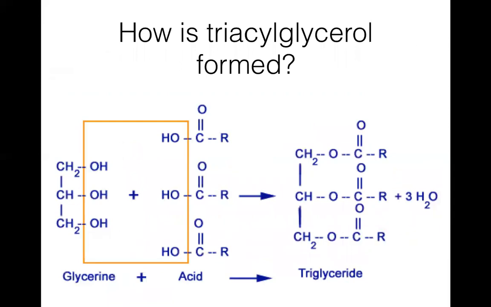And the process of bonding the fatty acid to glycerol is referred to as a dehydration reaction, where we remove the hydroxyl group here and the hydrogen here, liberated in the form of water to form an ester bond. Well, the process can be reversed, and the reversal of this process is known as hydrolysis under alkaline conditions. So that is called saponification.